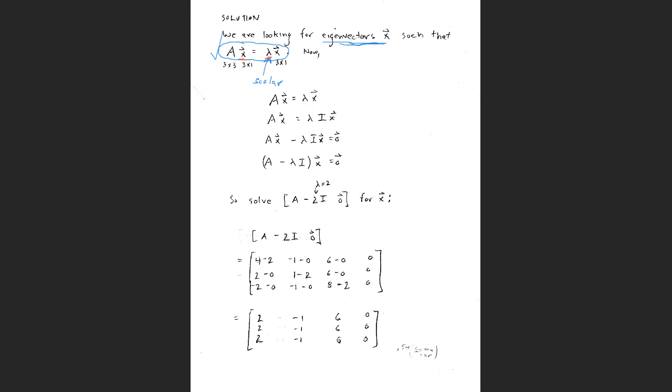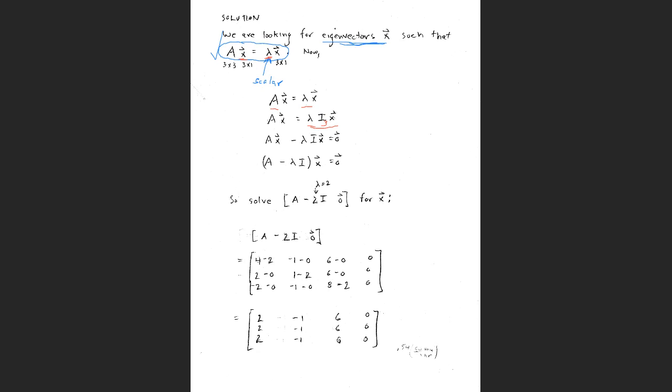This is somewhat similar to what I showed you in section 4.9, where we had to find the steady state matrix. We have the matrix equation Ax equals lambda x, but on the right side, I write lambda x as lambda times I3, because x is a 3 by 1, so lambda times the identity matrix times x.